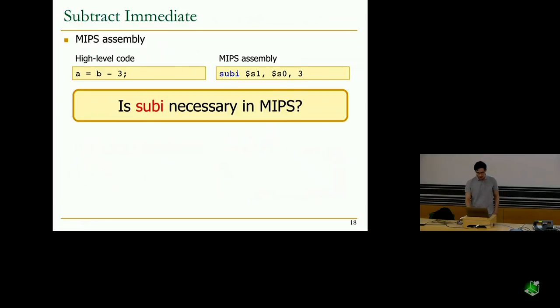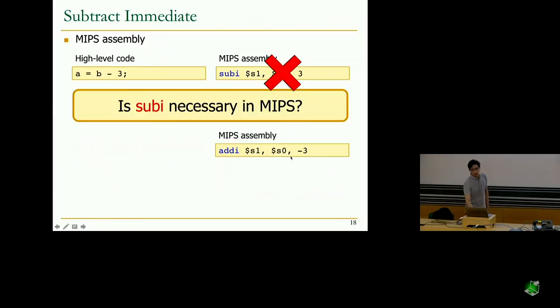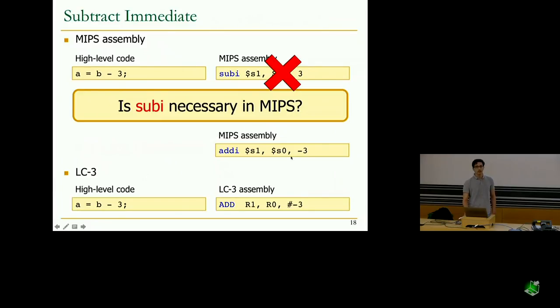What we can do is directly write something like this, minus 3. So, very good. And actually, in LC3, it's exactly the same. So we can implement in a very similar way the immediate subtraction in MIPS assembly and in LC3 assembly.